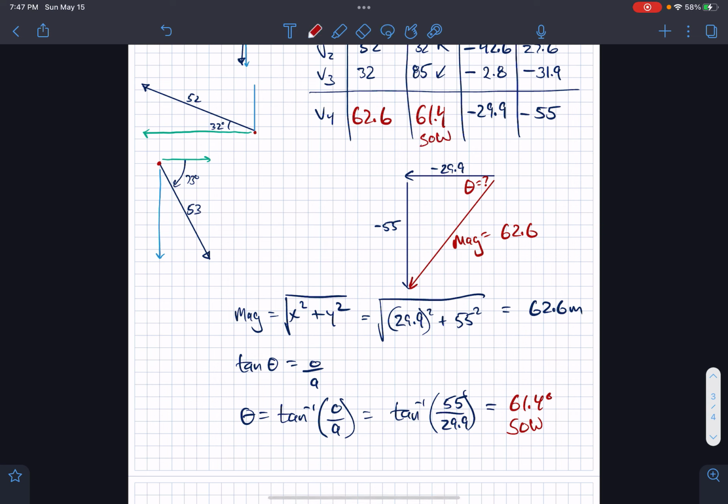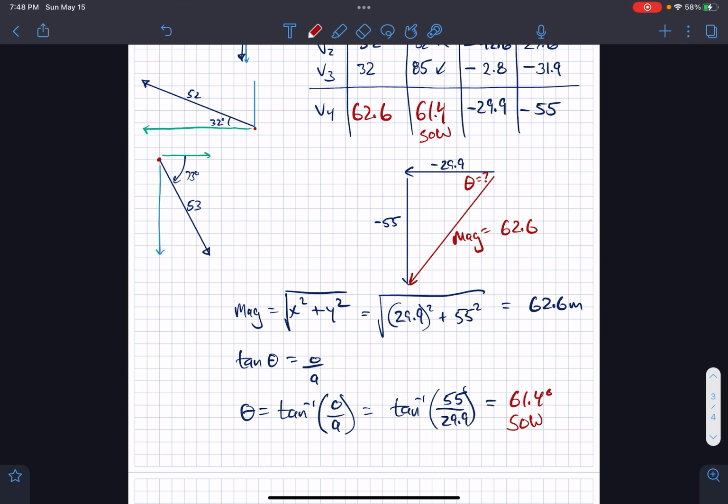And that is going to be our final answer. So our resultant vector, vector 4, should be 62.6 meters at 61.4 degrees south of west.